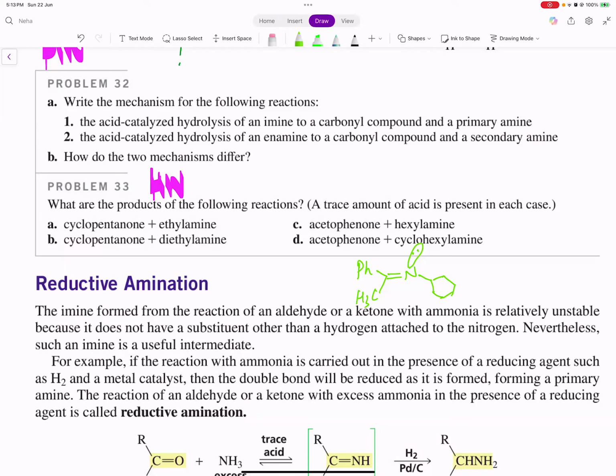I drew the structure of cyclohexylamine down. No problem, it's a cyclohexane ring with NH2. I drew N as a part of it. Got it.